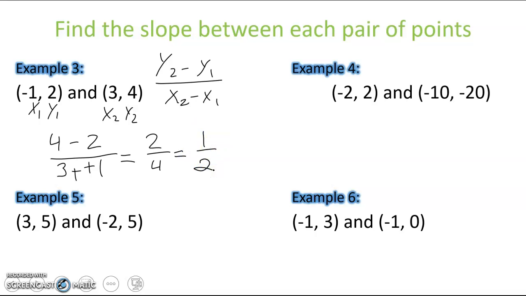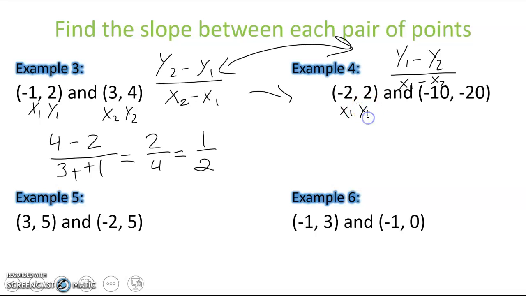Now, for this one over here, we could also use the formula y1 minus y2 over x1 minus x2. Again, we could use either of these formulas. We are still going to get the same answer. So I'm going to again label my values x1, y1, x2, y2, and then go ahead and solve. y1 minus y2, that's going to be 2 minus 20.